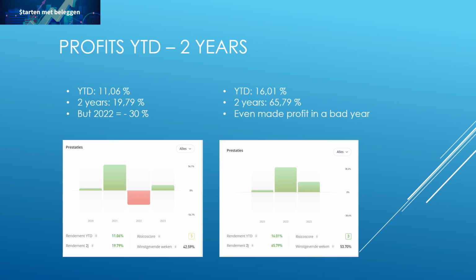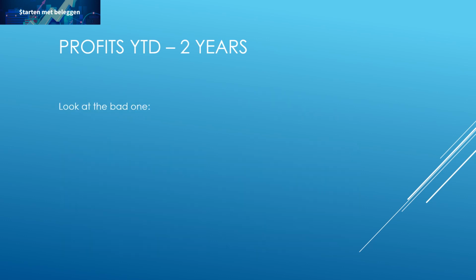And here's another one. Year to date 16, 65% over 2 years. And even in 2022, he made a very nice profit. So if you look at the bad investor, if you have invested $1,000 in 2022, your loss will be 30%.